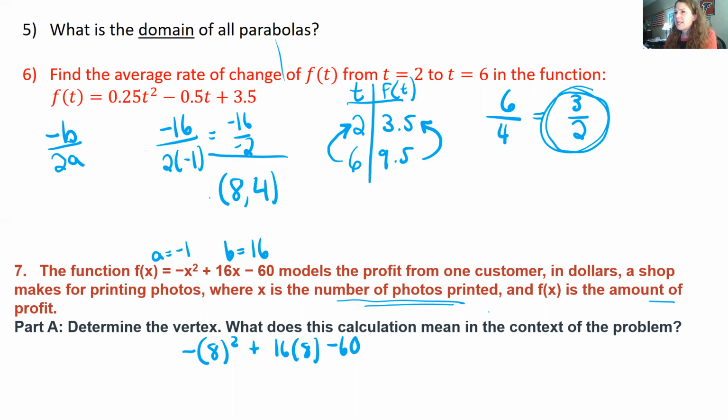All right, so this is the vertex. And it wants to know what this means in context of the problem. Well, X is the number of photos printed and Y is the amount of profit, okay? And since this is an upside down parabola, that means this is not only the vertex, it's the maximum point, right?